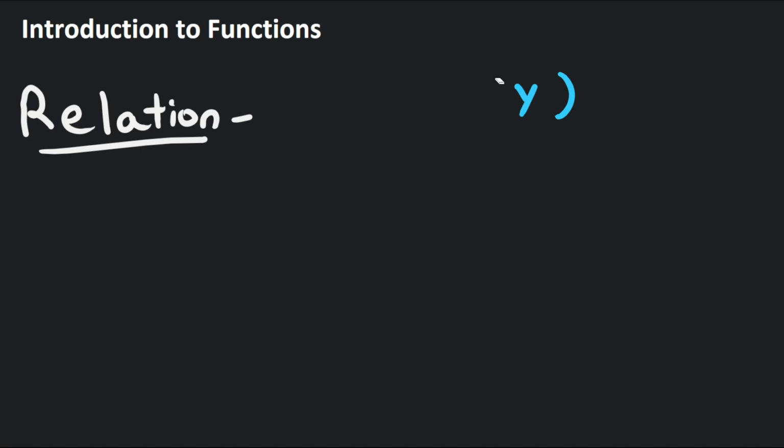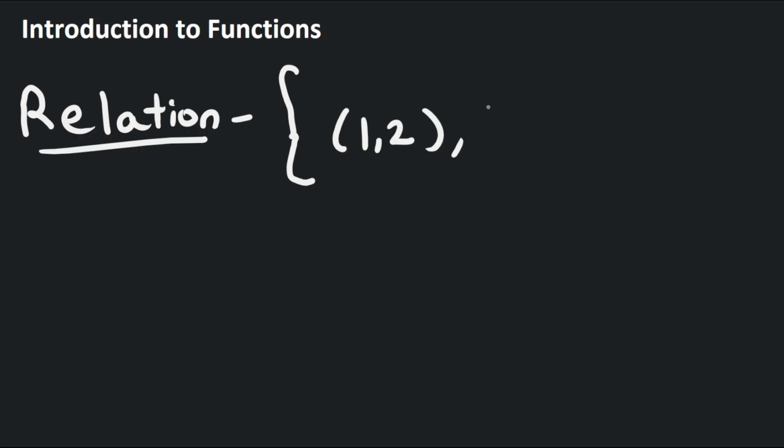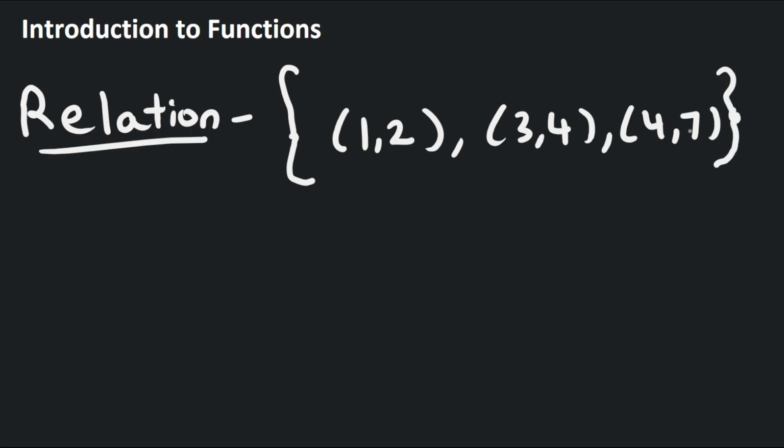So if we write an example, let's use curly brackets, and let's write (1, 2), (3, 4), and (4, 7), and close the curly brackets. Okay, so this entire thing right here, this is a relation.